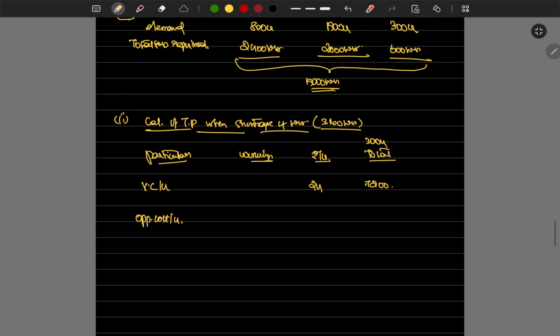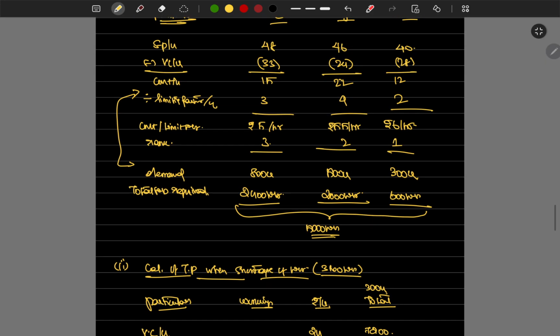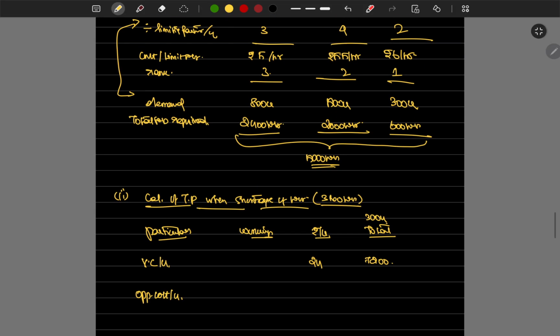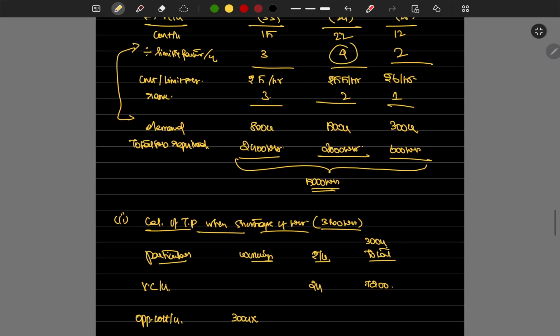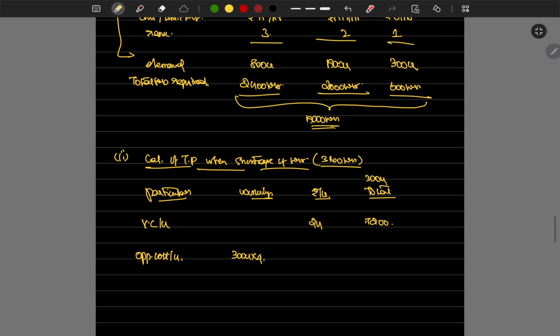How many units we need to produce for division Y, which is 300 units. So 300 units into 4 hours, 1200 hours required, which has to be sacrificed by division X.